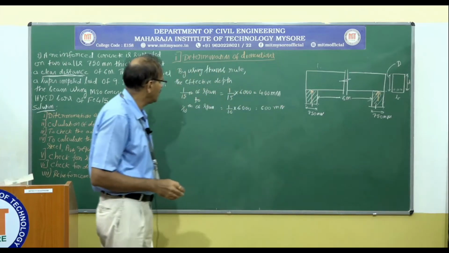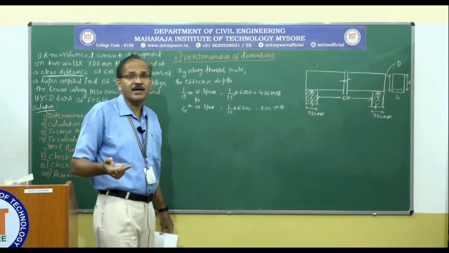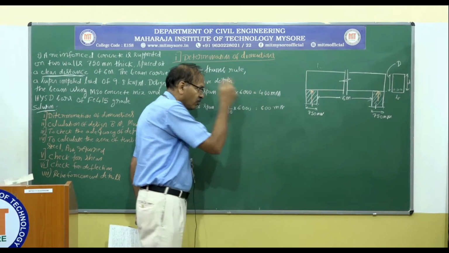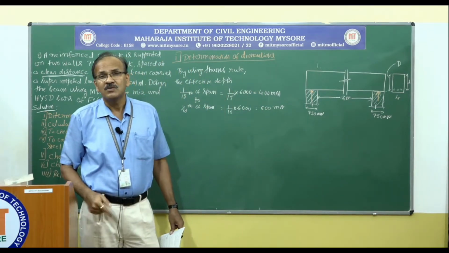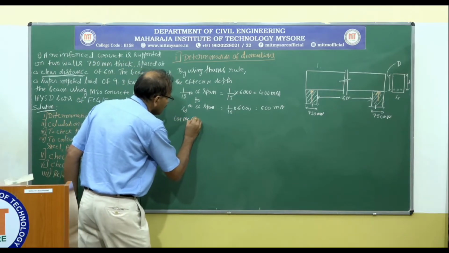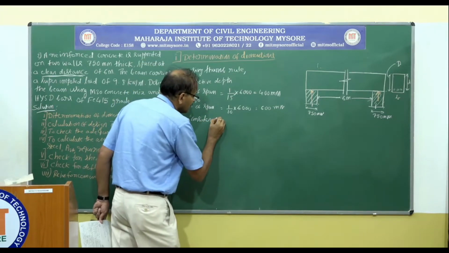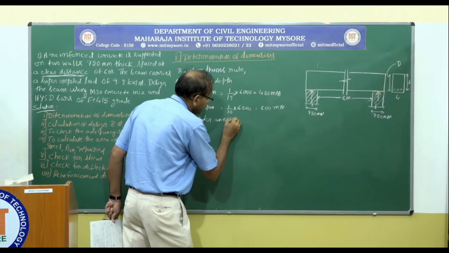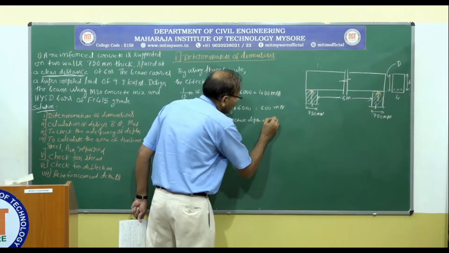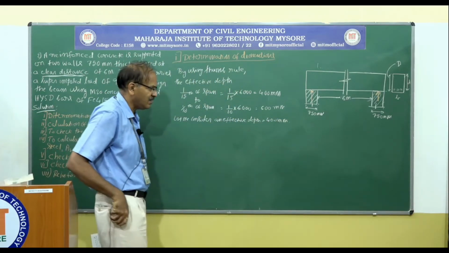So look here. So I can pick up a depth, total effective depth, any value between 400 and 600. So what I do is, let me consider an effective depth equal to 400 millimeter.